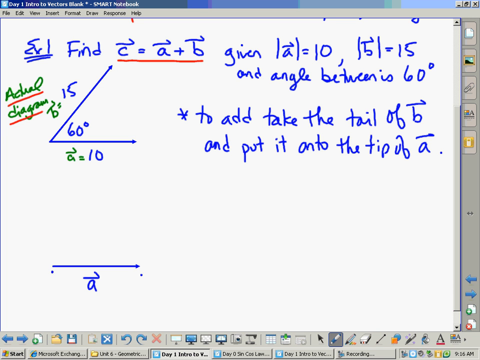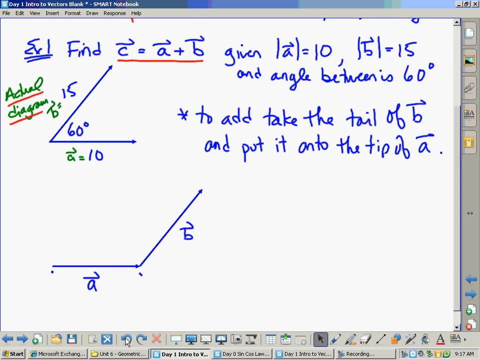Now I'm going to continue on and add B. So B continues on where A left off. Just move it over so the tail is right at the tip of A. And here now, it's like a road map. If we're adding A plus B, we went along A and then continued up and added B. Now, we're going to describe C as the resultant in this addition.